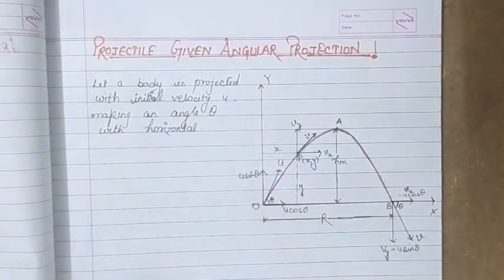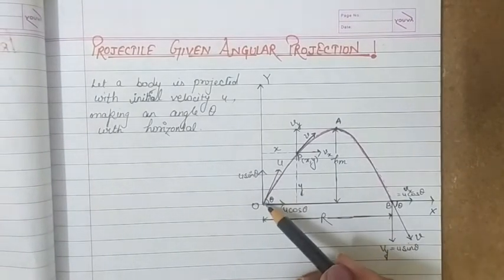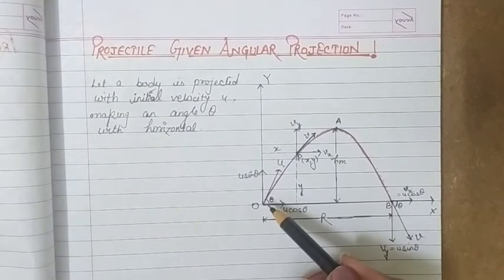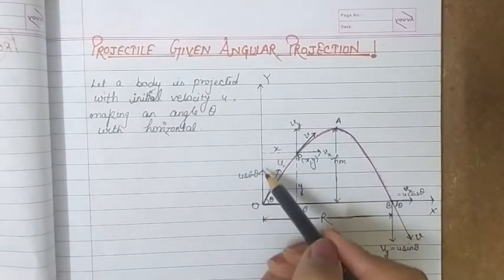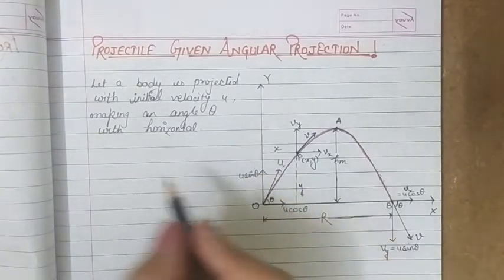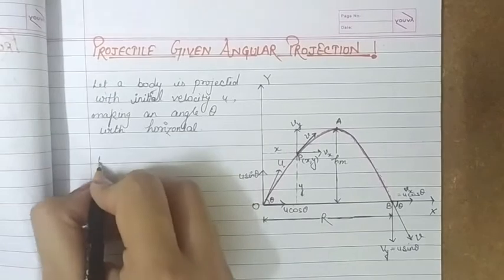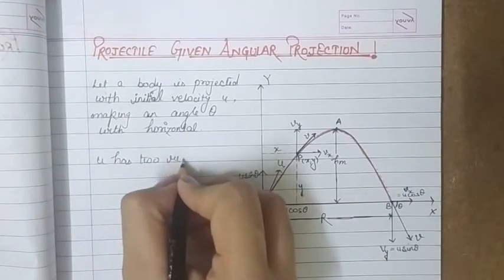If the situation is like this, then the initial velocity u can be resolved into two rectangular components. One is along horizontal and the other one is along vertical, that is u cos theta and u sin theta. So the velocity u has two rectangular components.